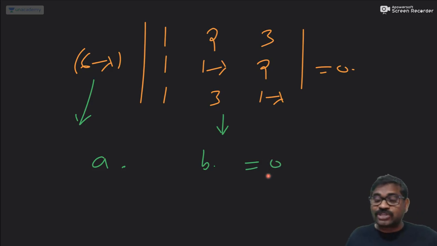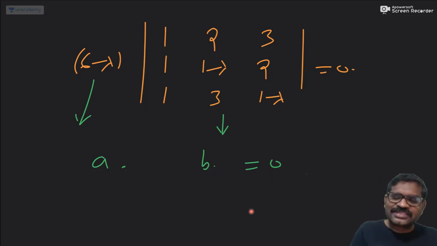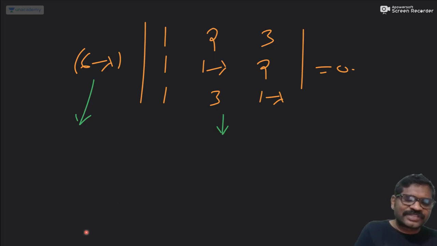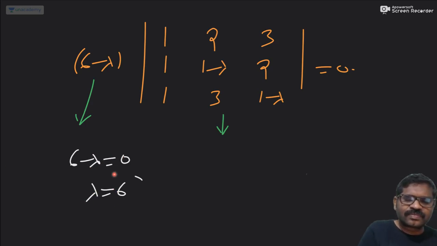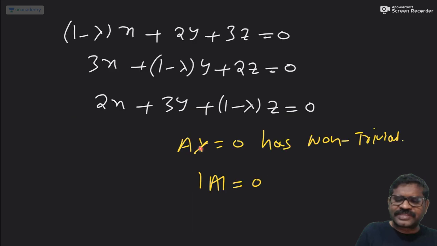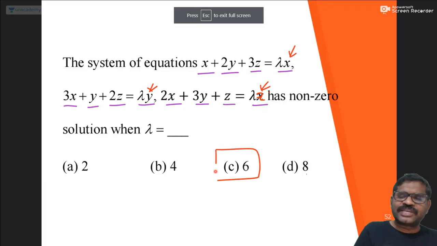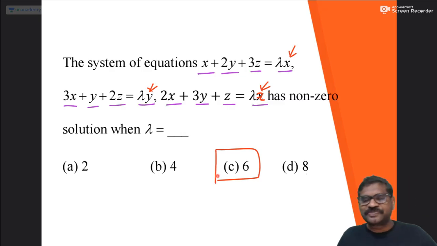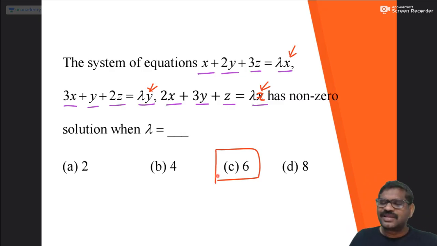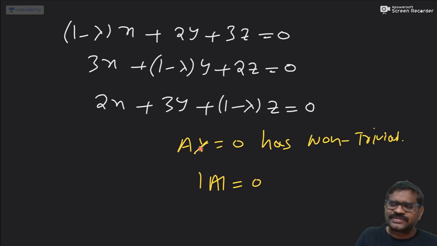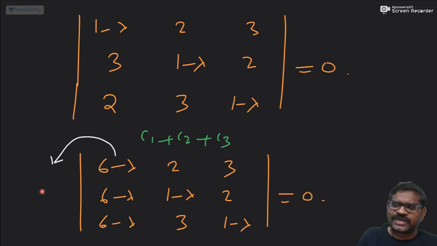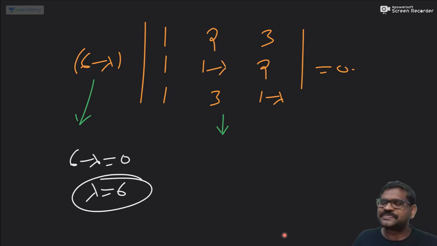If AB equal to 0, either A is 0 or B is 0. That's why 6 minus lambda equal to 0, lambda equal to 6. If lambda is 6, then the system possesses a non-trivial solution. Otherwise, you can go for expansion.